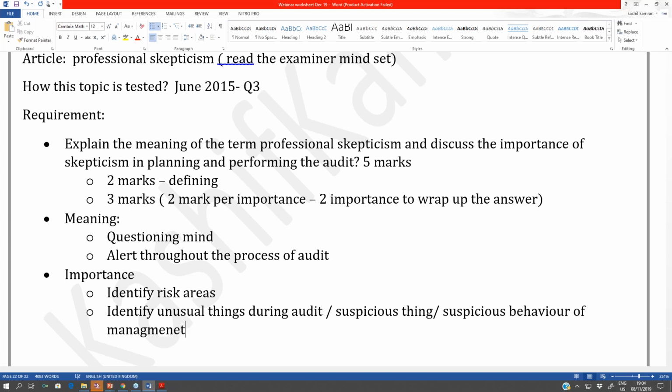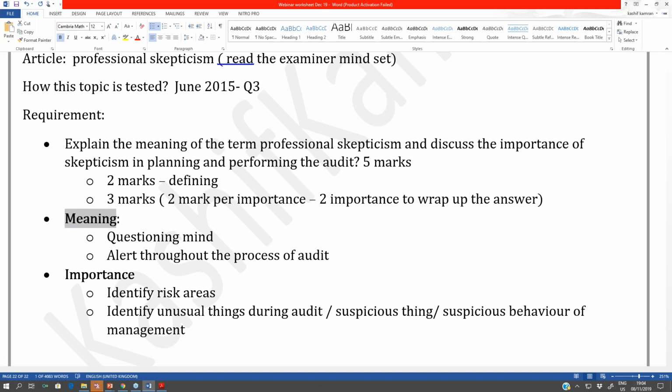So if you are skeptical, you can even identify some suspicious behaviors of management when you're going for the audit. You might even find some suspicious or unusual things happening in the client, which can make you skeptical about a fraud, right? So please do read the article, explore the article for the importance of professional skepticism, and explore the article for the meaning. Meaning means you have to give the definition, right?